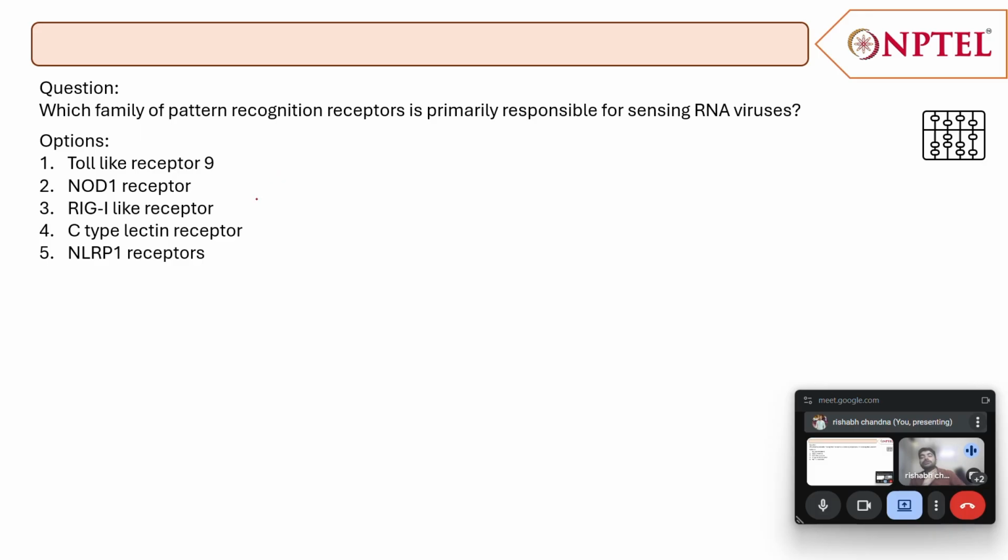The correct answer is option 3, that is RIG-like receptors.